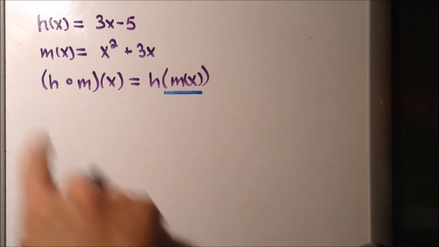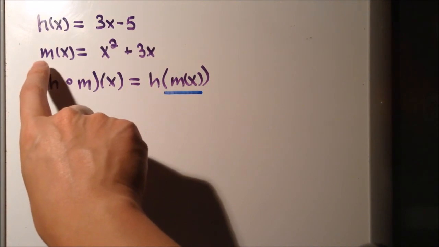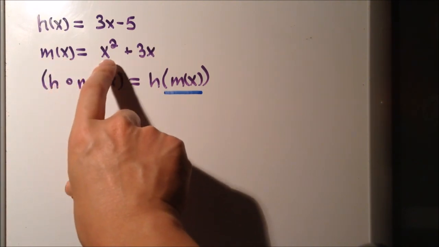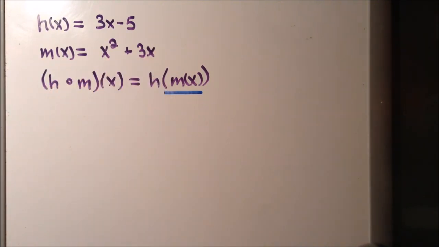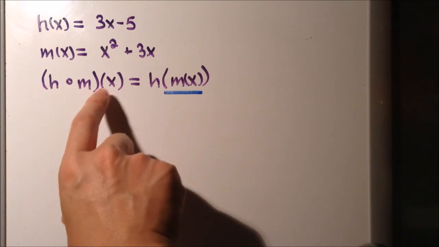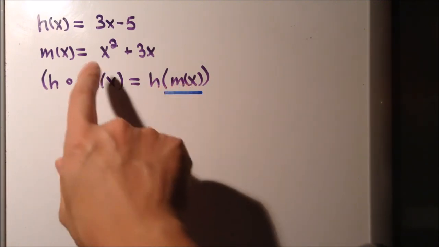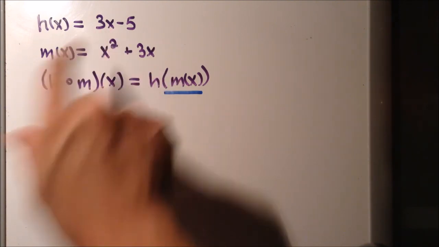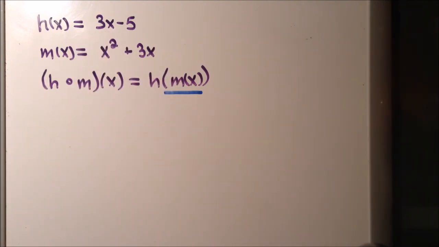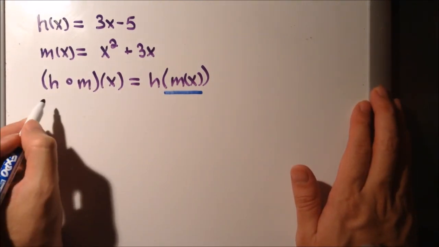Example 1. We have h of x equals 3x minus 5, and m of x equals x squared plus 3x. When we find h of m of x, that means we're going to plug m of x into the x of h of x. I'm going to write it out to illustrate what's going on.